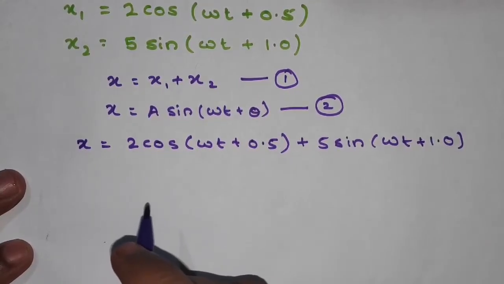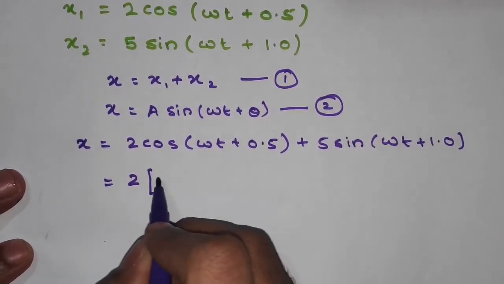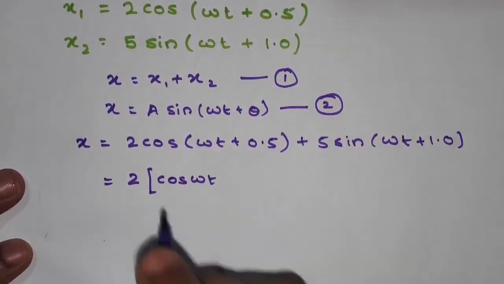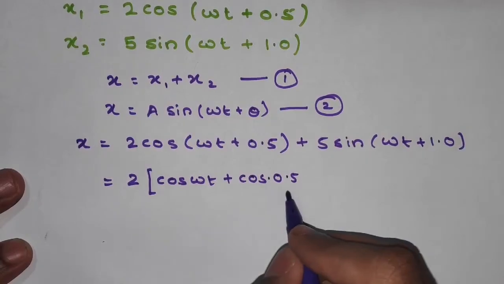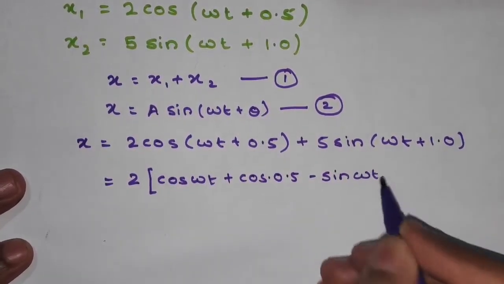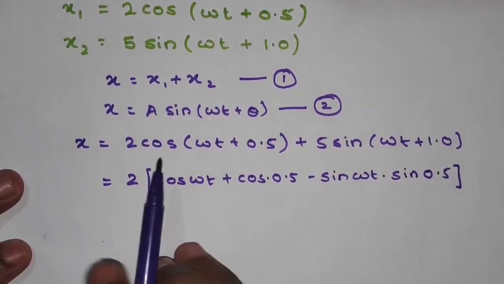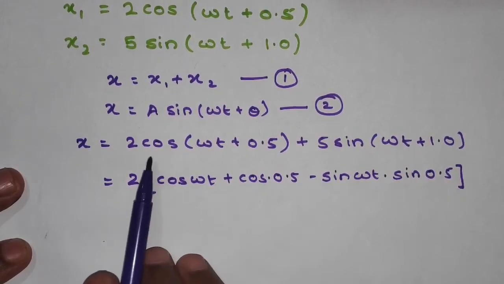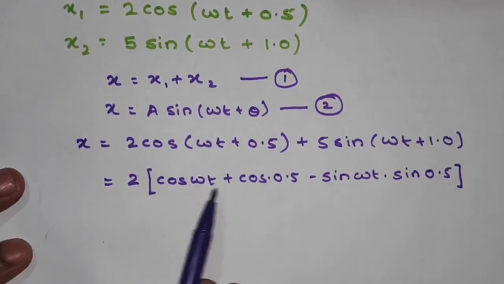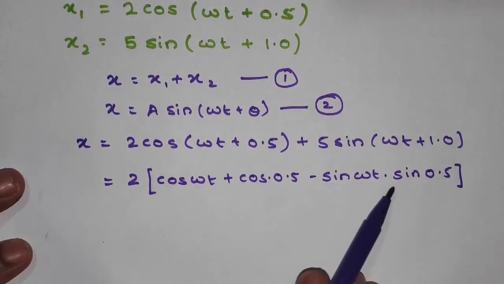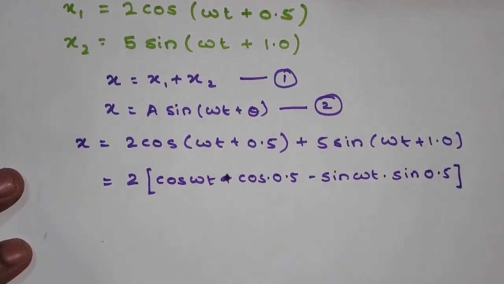When we simplify this, we can write it as 2 into [cos ωt cos 0.5 minus sin ωt sin 0.5]. This is the trigonometric function cos(a + b), which is cos a into cos b minus sin a into sin b.